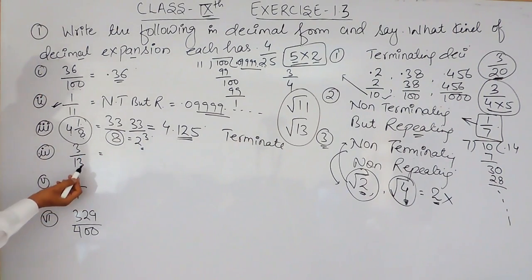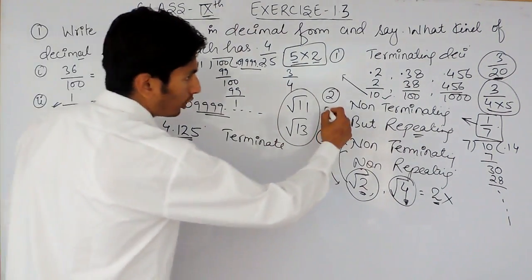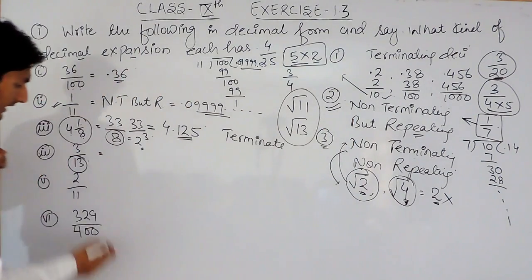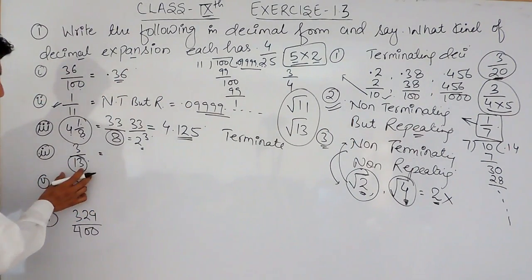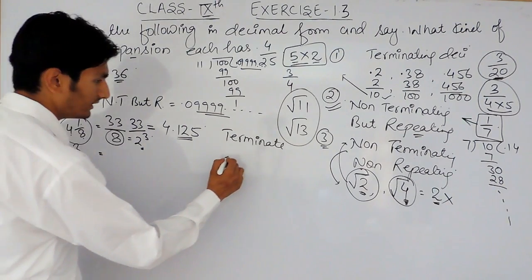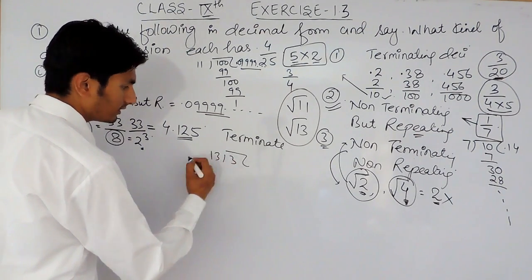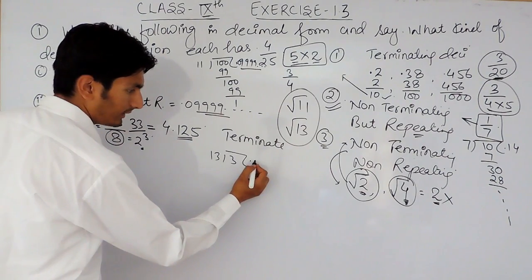Similarly, if you see this, there is no 2 and no 5 in the denominator, so obviously this will be non-terminating but repeating, and if you want to find its decimal expansion, in that case you have to divide 3 by 13.